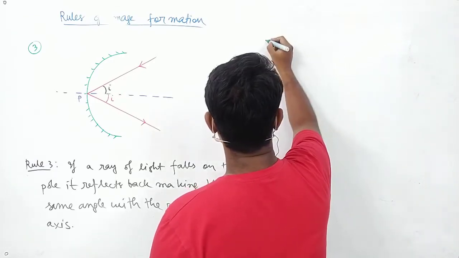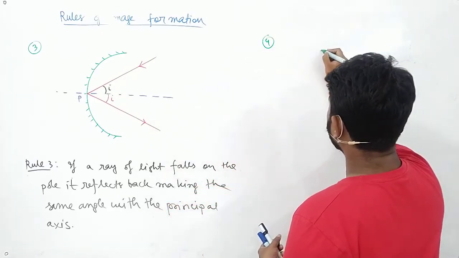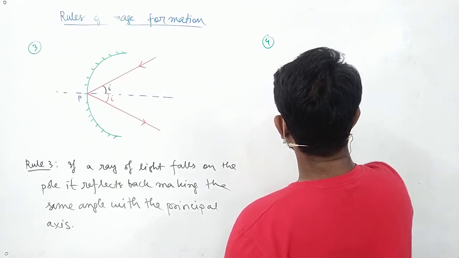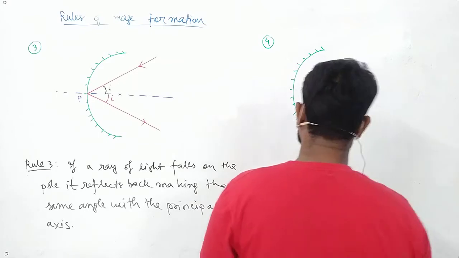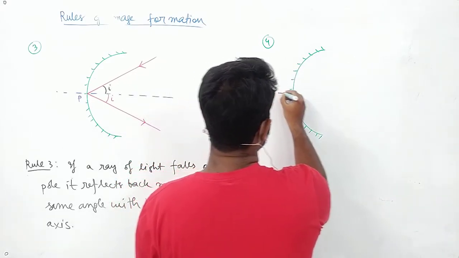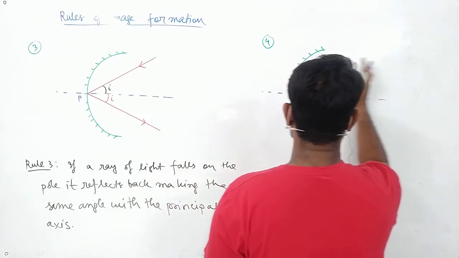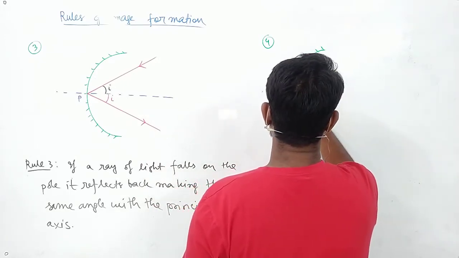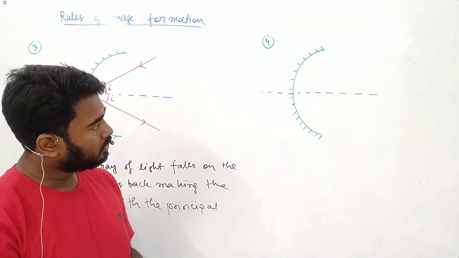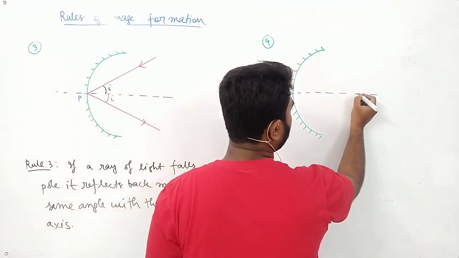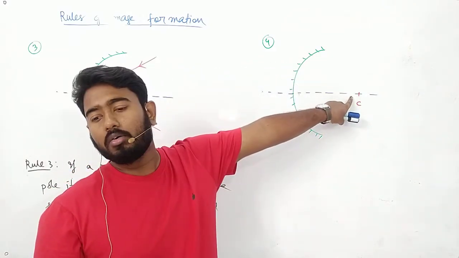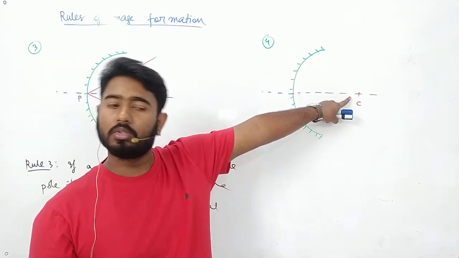Suppose we have another concave reflecting surface. Now in this mirror we will again draw the principal axis. Suppose a ray of light emerges out from the center of curvature or passes through the center of curvature.